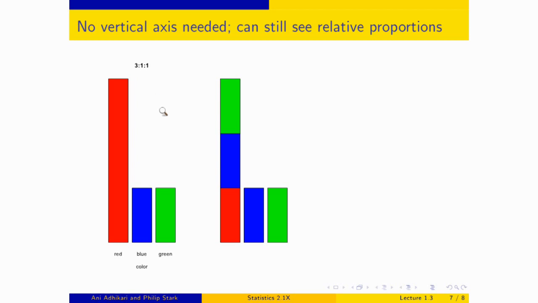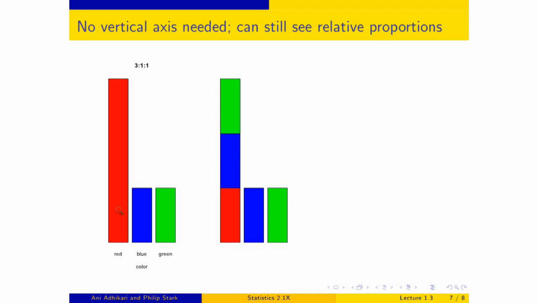And that is a useful observation, because that is telling me that this green bar represents 1/5 of the data. This green piece is 1 of the 5 equal pieces. So this green bar represents 1/5 of the data, the blue bar represents 1/5 of the data, and the red bar represents 3/5 of the data.